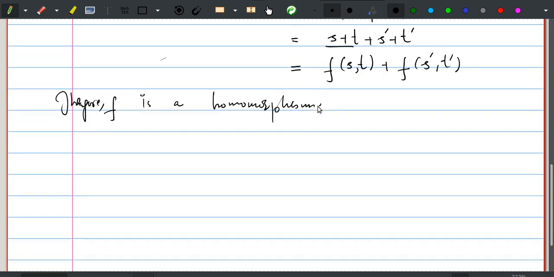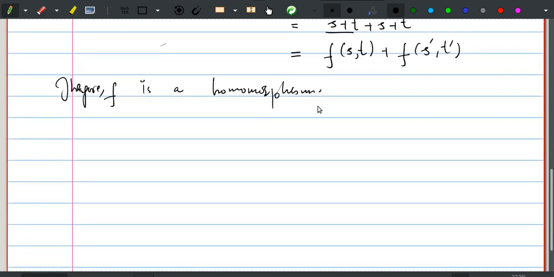Now to prove that f is bijective, that is, to prove f is one-to-one and onto, there are two ways.